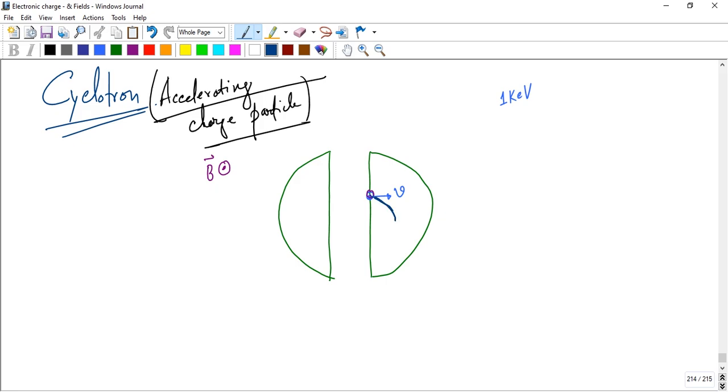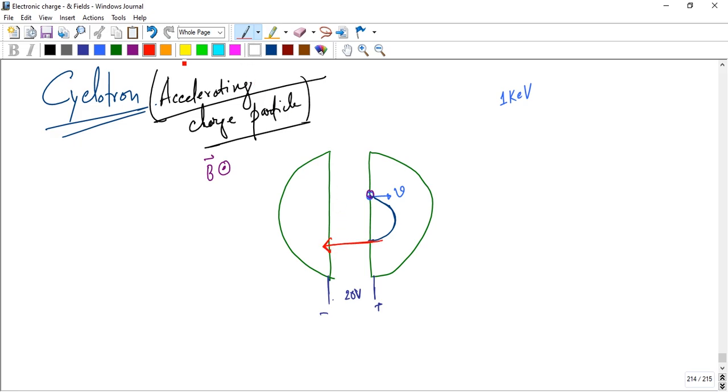So now there is a circular path. Now, very important. Suppose a 20 volt potential difference is applied across these two D's. So there's a high potential and a low potential, which generates an electric field in that direction.